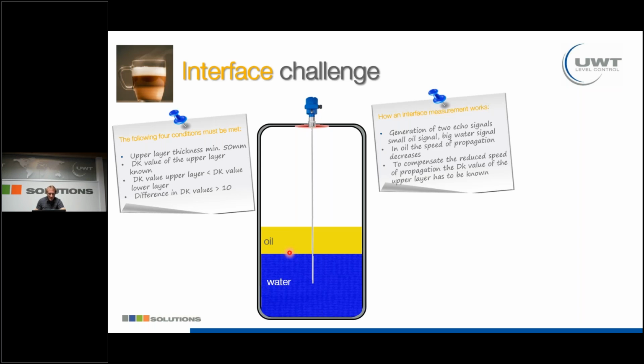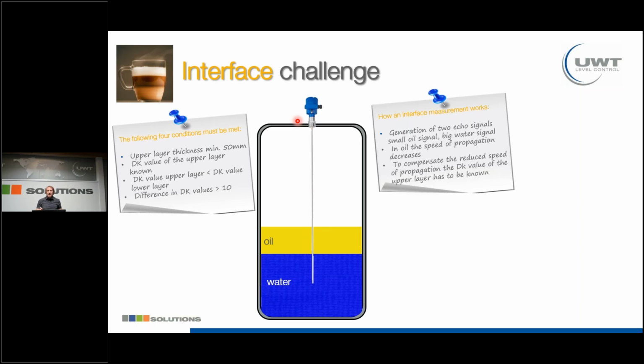What happens? We generate 2 echo signals, one small from the oil surface and one greater from the water surface. The speed of propagation is reduced inside the oil layer, and when it reaches the air it increases again.